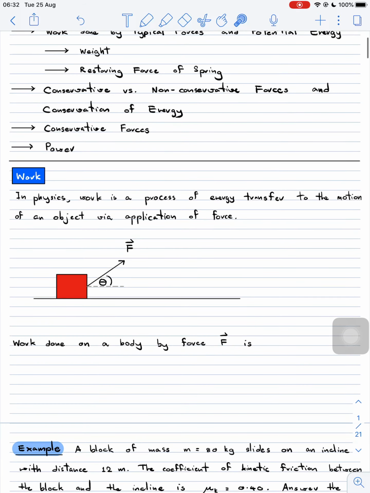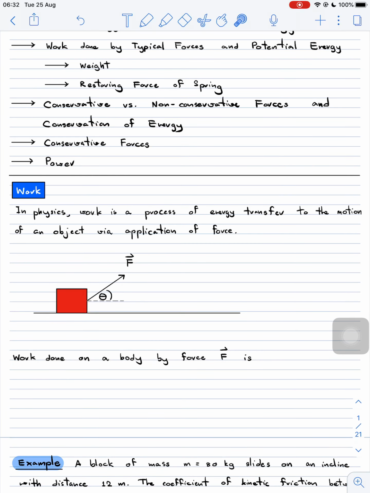So let's consider this one. If we have a force F making some angle theta to the horizontal axis, and then applied to the object.